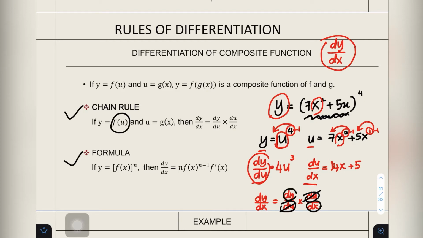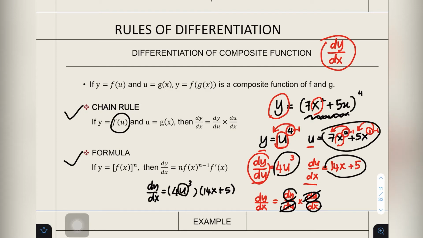Okay, so by using chain rule, you can find dy/dx by multiplying your dy/du for u to the power of 3 with 14x plus 5. Multiply with 14x plus 5. And don't forget to substitute back what is your u. Your u just now is 7x squared plus 5x.